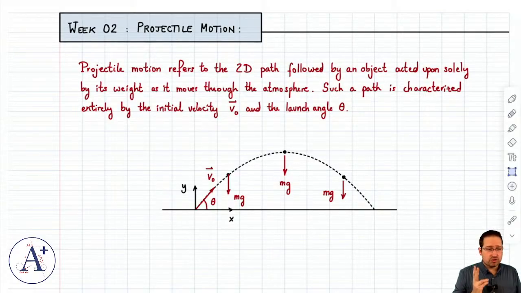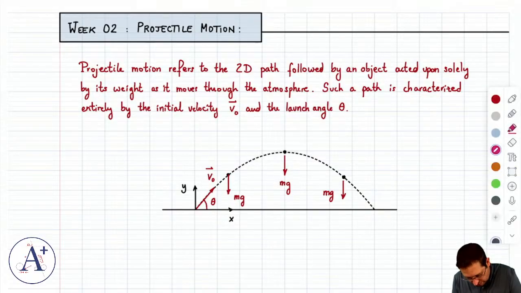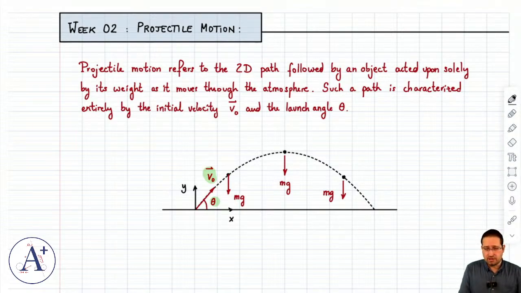So we have motion along 2 directions here. And what we're saying is that your launch angle, theta, and your initial velocity fully determine the path followed by the object. And as we're going to see, everything we're going to derive, the time of flight, the range, the max height, all of it is only a function of v0 and theta.